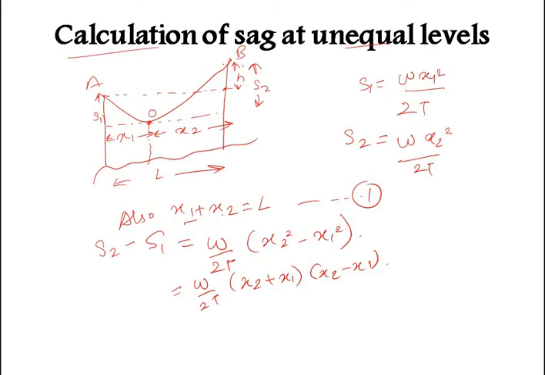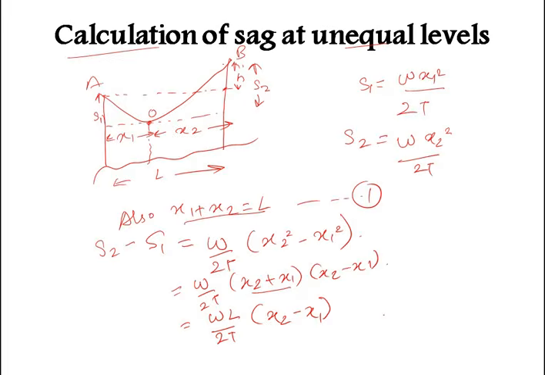We already know that x1 plus x2 is equal to L. So in place of x2 plus x1 we put L, so we get WL upon 2T into (x2 minus x1).